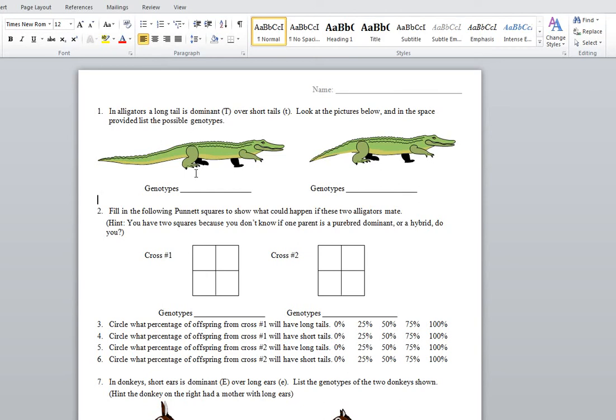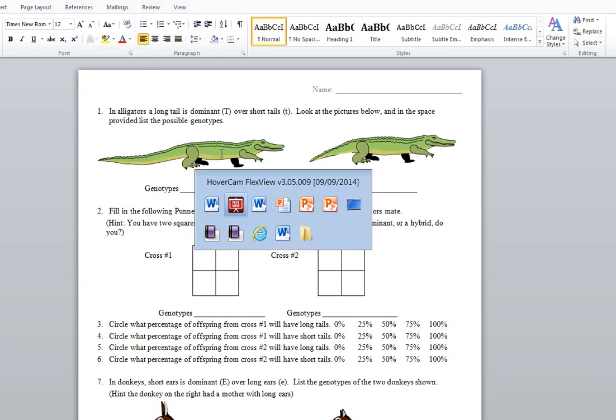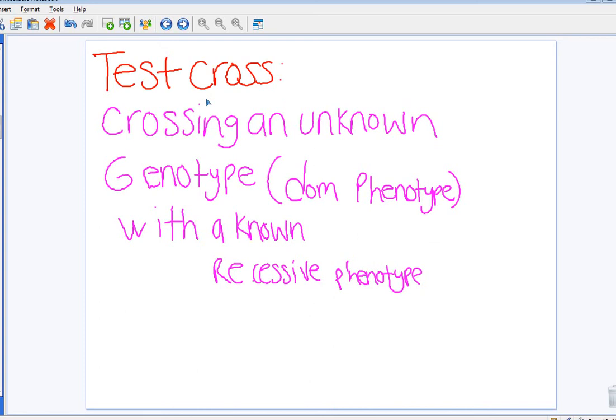Yes, we've identified it. But can you tell if it's homozygous or heterozygous? No. So you have to do a test cross. What is a test cross? A test cross is crossing the unknown genotype, meaning a dominant phenotype, with the known recessive.